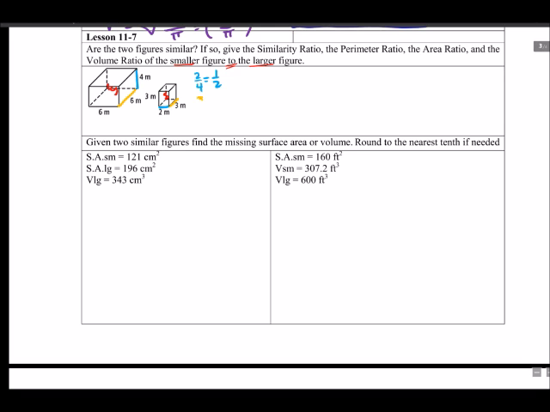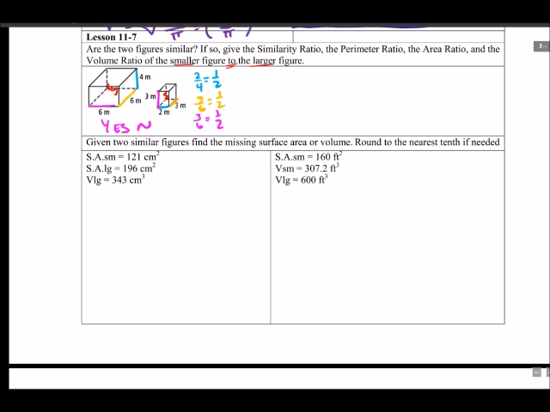So that is a 3 to 6. I remember I'm doing small to large. So 3 to 6 is a 1 to 2. Looking good so far. And this last side here and this last side here, we have a 3 to 6, which gives us a 1 to 2. So yes, they are similar because all of their sides are proportional.